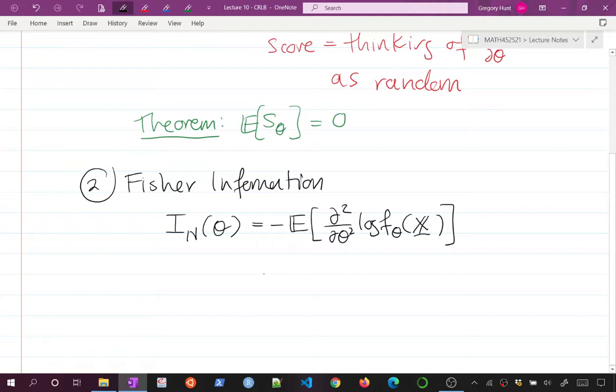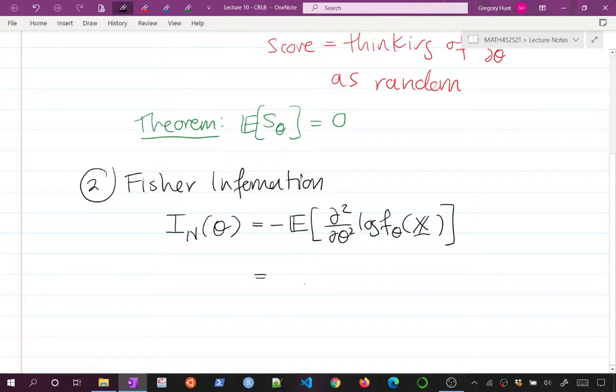This negative is out front because this log likelihood function is concave down, so this thing will be negative, and we want the information to be positive.